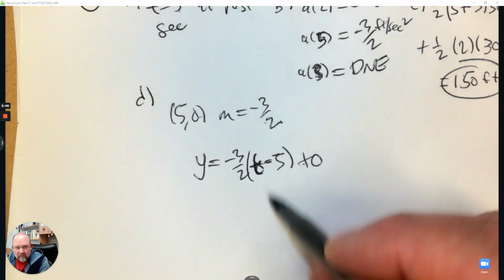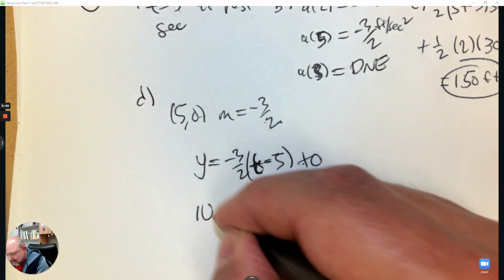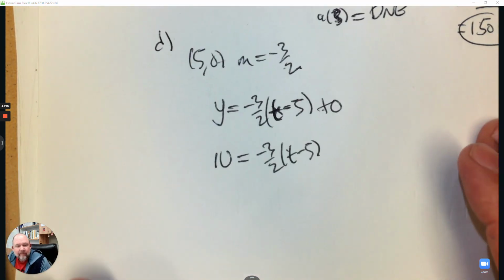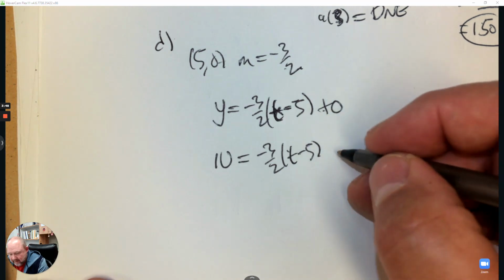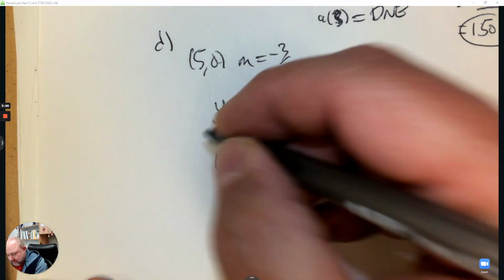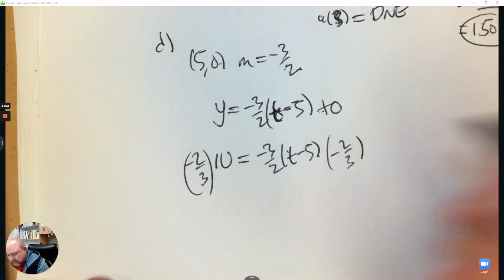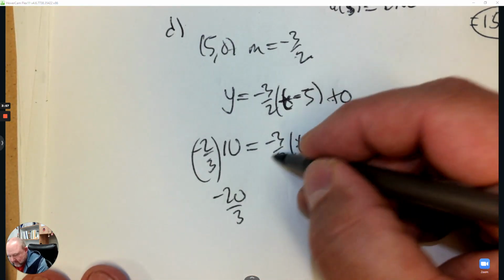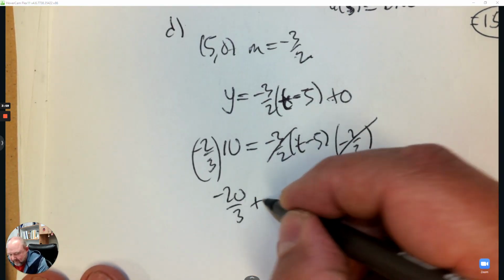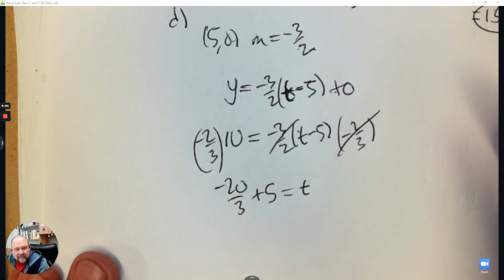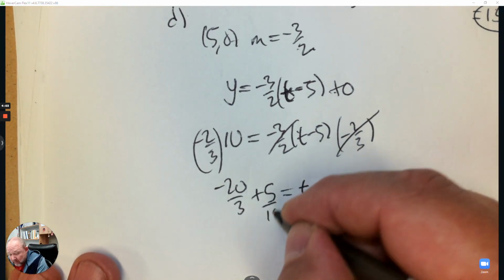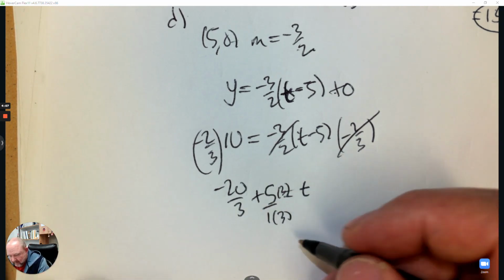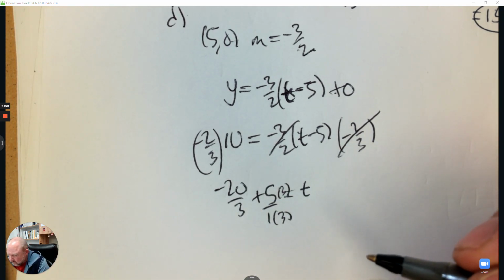So just an equation of a line. And then I'm going to make it equal to 10, and I'm going to solve it. So I'm going to multiply by negative 2/3, the reciprocal. That's negative 20 over 3. And then I'm going to add 5 to that to get t by itself. And that's a good answer. If you wanted to, you could multiply by 3, and then it would be, what did I do?